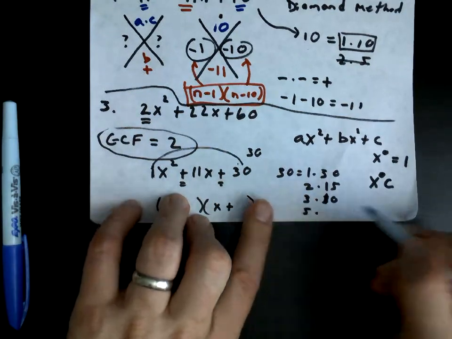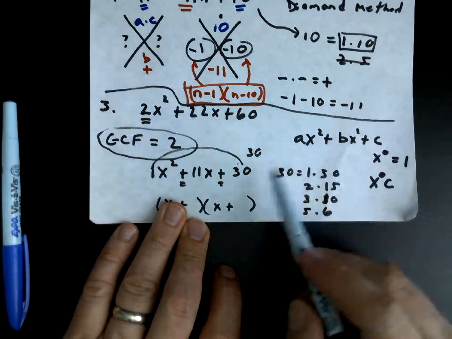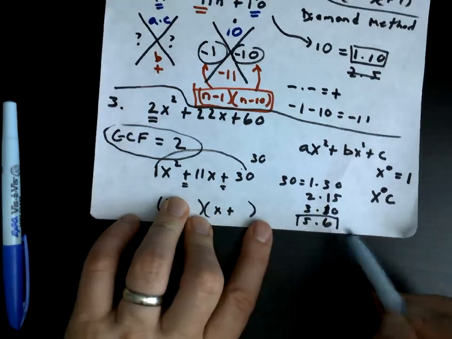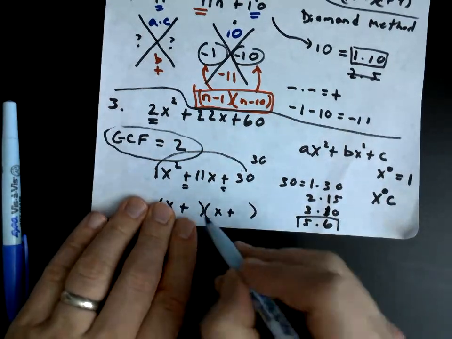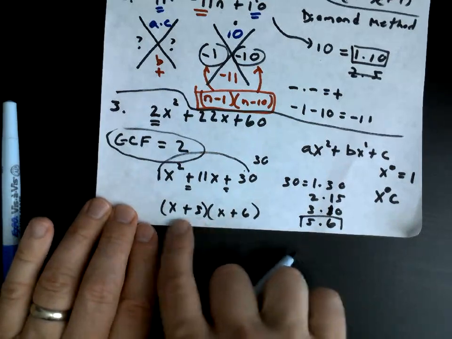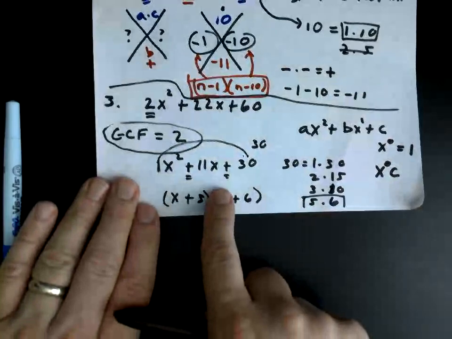So what about 5? 5 and 6. Okay, 5 and 6 do make 30, and if you add those two together, they do make 11. So I bet you anything, those are the two, and you would put those 5 and 6, and believe it or not, that foiled together should equal that.